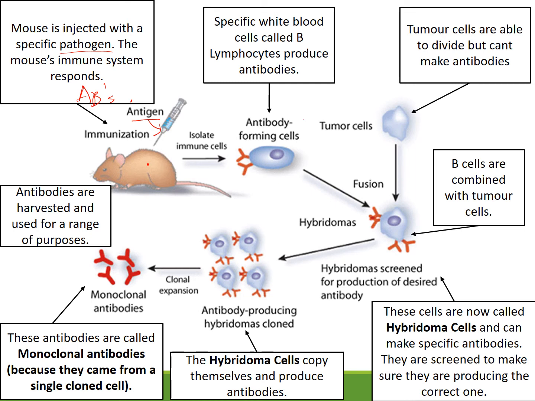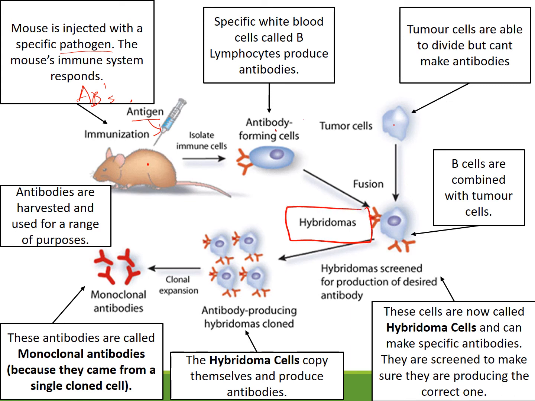Here are the antibodies. And then what we do is we find a tumour cell that divides but doesn't make antibodies. There was a lady whose cervical tumour cells were used because they keep reproducing. The good thing about tumour cells is they reproduce. So we get this antibody-producing cell and this tumour cell and we fuse them together and make a hybridoma.